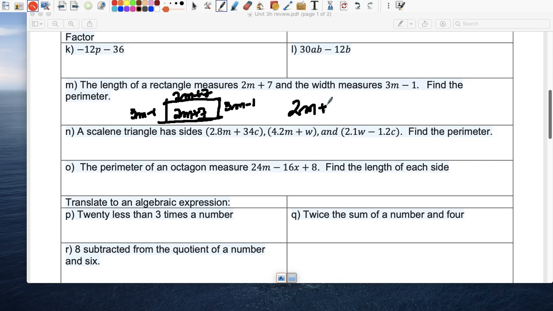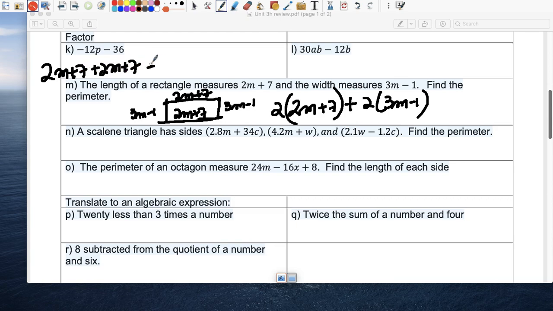And some of you may want to do this: multiply the length times 2 and multiply the width times 2, right? So you can do it that way, or those of you who don't want to be bothered by doing this distributive property, you can just add all the sides up, right? It's really up to you. I don't know if there's one step that's less than the other. So again, if we just wrote all the sides and added them up, we're going to add up the like terms of 2m's, 3m's, so that becomes 2, 4, and 6.